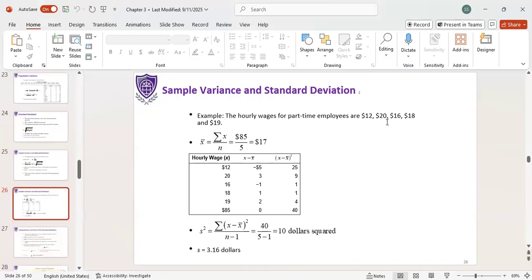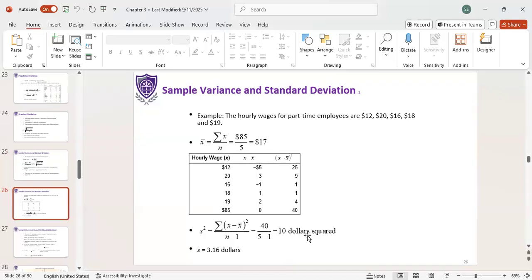Here is the example. We have only some of the employees' information. First, you need to calculate the average of the sample, which is just adding all of these values together and dividing by 5. Then the second step, calculate the difference between each of the values and their mean, square each of them, add them together, and then divide by n minus 1, which is 5 minus 1.